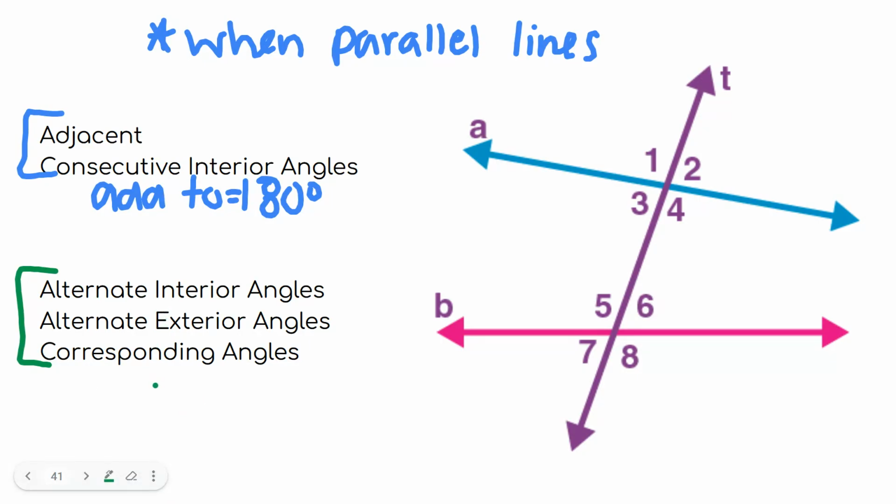Alternate interior angles, alternate exterior angles, and corresponding angles are equal to each other. They are set equal in those situations.